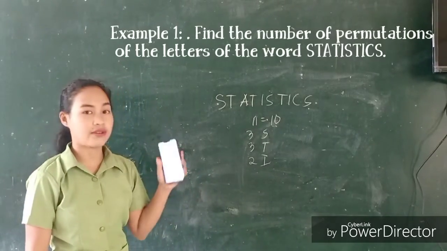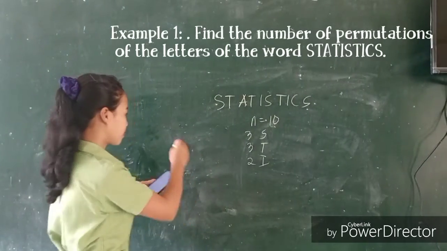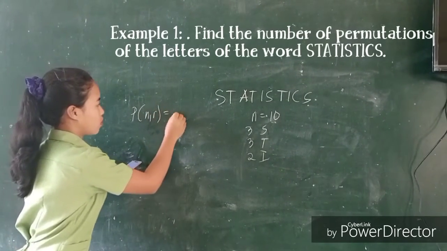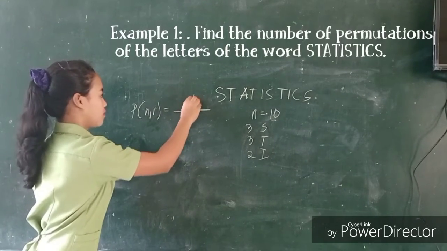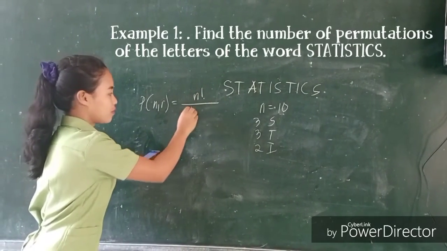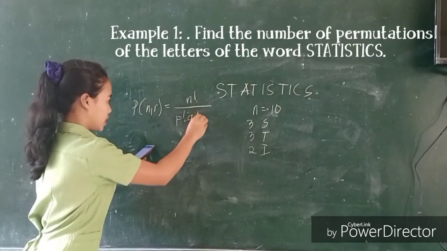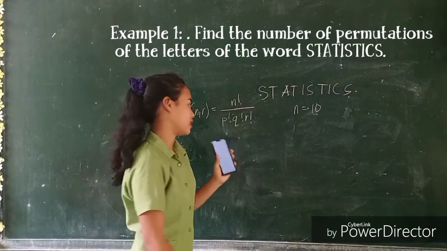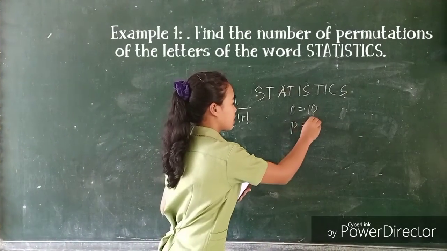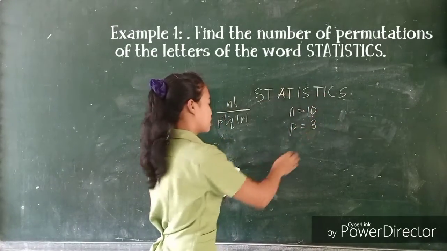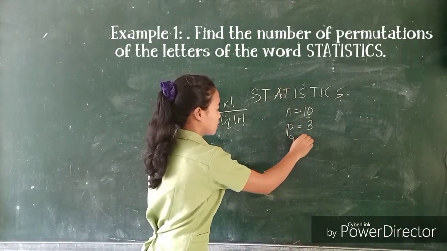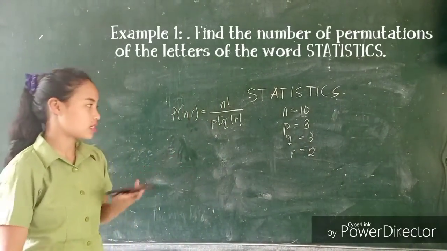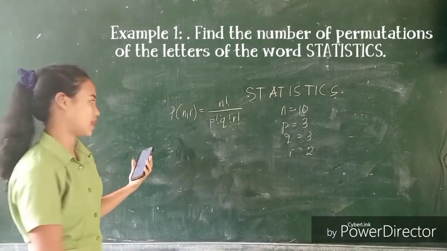Okay, so our formula for distinguishable permutation is permutation of n objects taken R at a time is equal to n factorial over p factorial, q factorial, and r factorial. Okay, so our n is 10. So our p now is 3 for our S. And our q is 3 and r is 2 for our I. So let's now substitute to our formula.